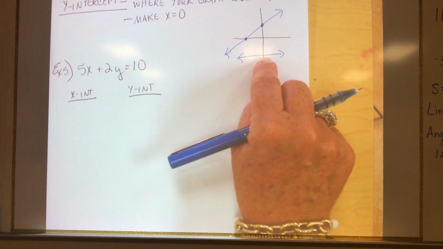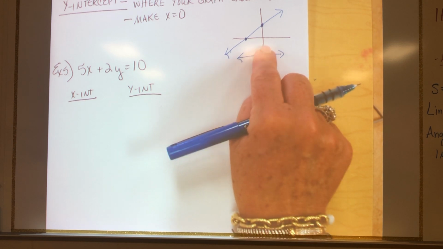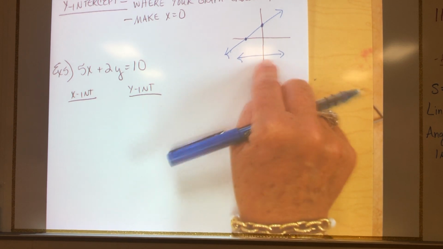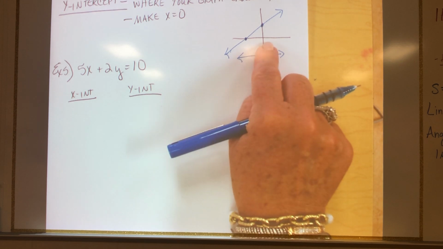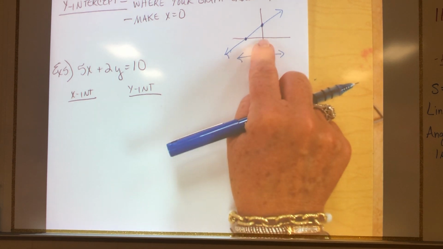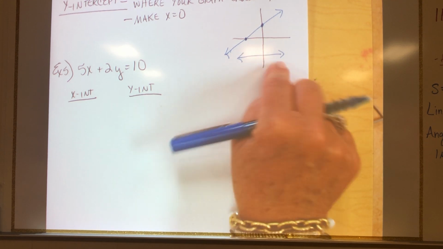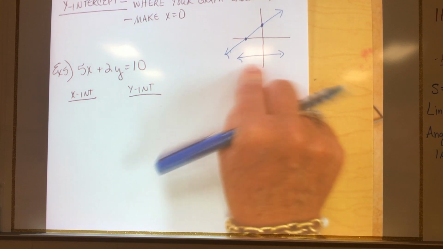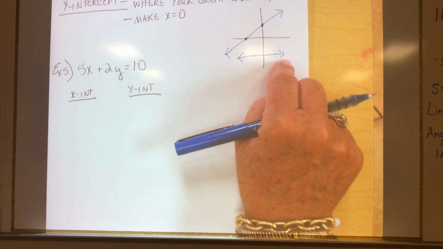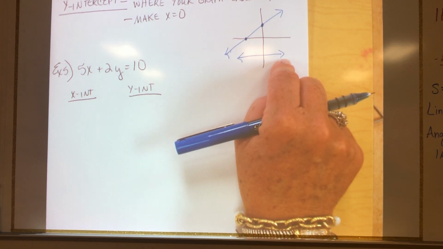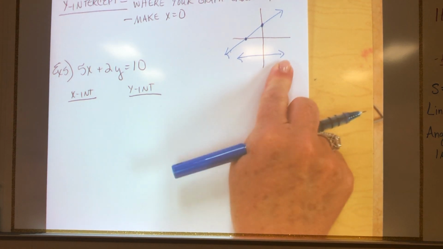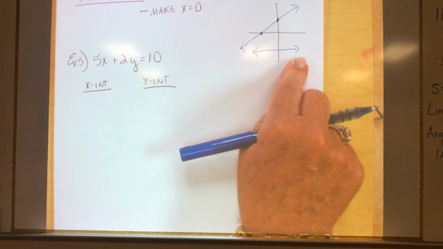It would be x equals, look at it, none. Could you put 0? No, because then you'd be saying it crossed at 0 and it didn't cross at 0. So pay attention to what you're doing. How do you write the equation of a horizontal line? y equals. How do you write the equation of a vertical line? x equals. You need to know that, guys. That's going to be very helpful to you.